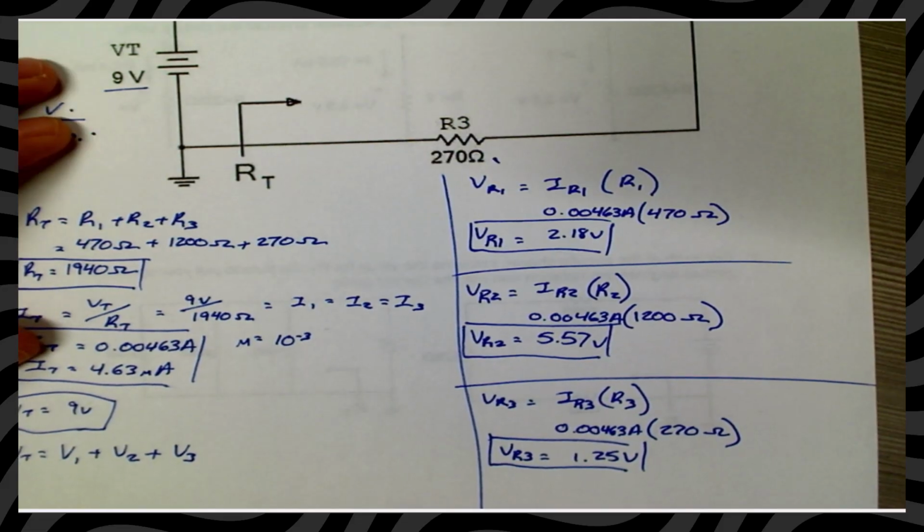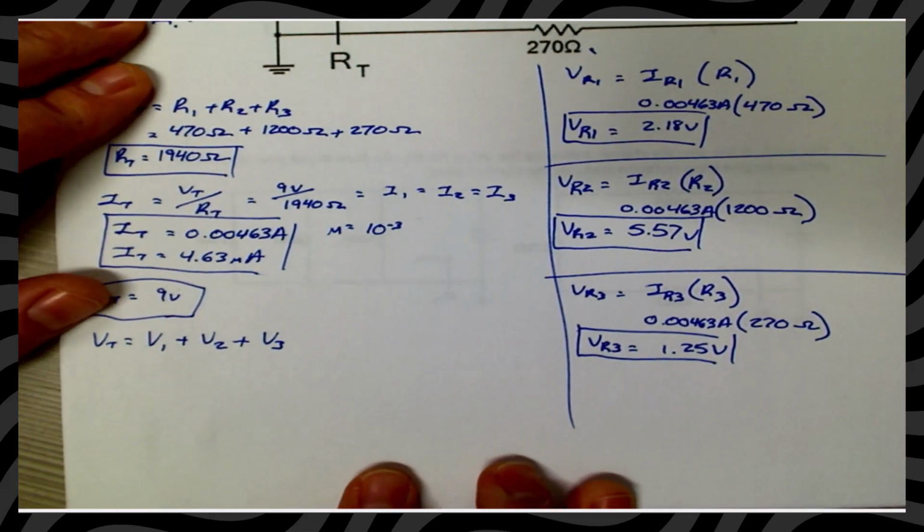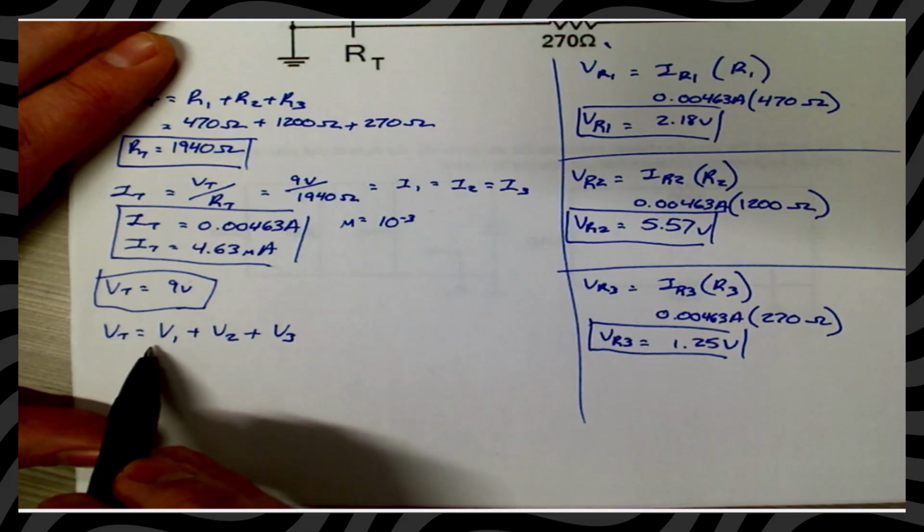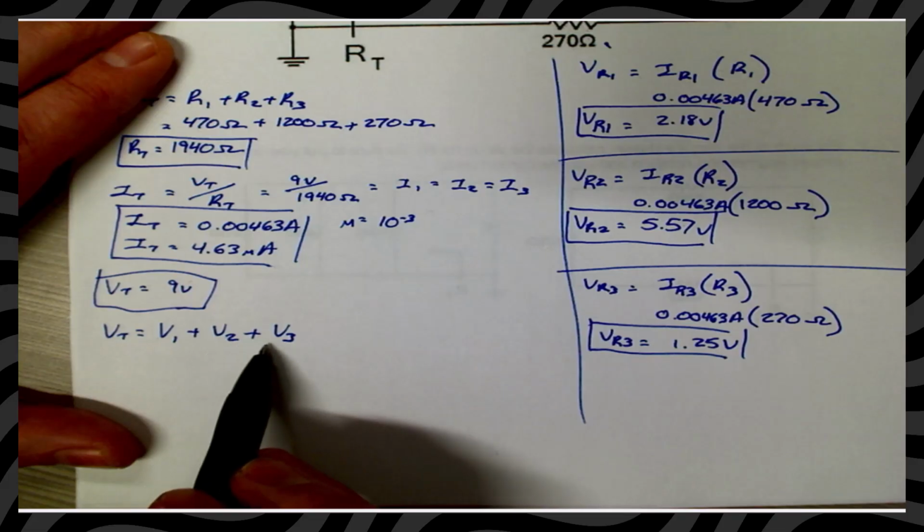Now let's check Kirchhoff's law, which states that our total voltage should equal our voltage drop at 1 plus the voltage at 2 plus the voltage at 3.